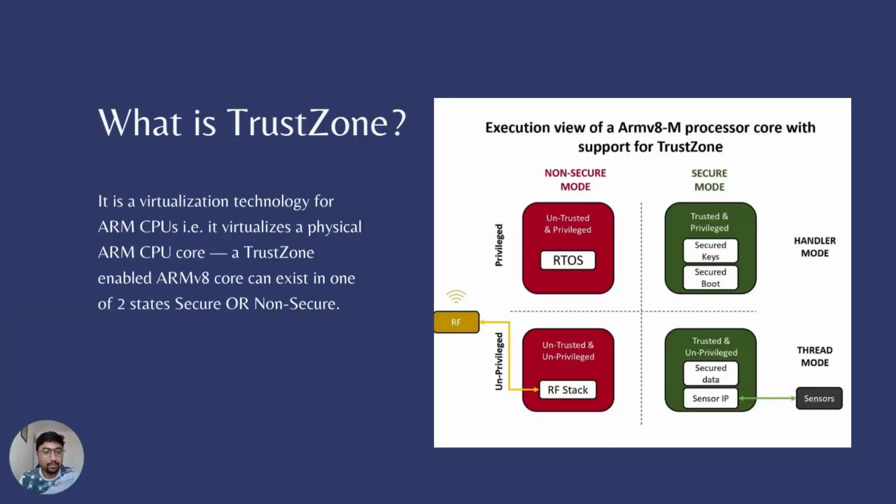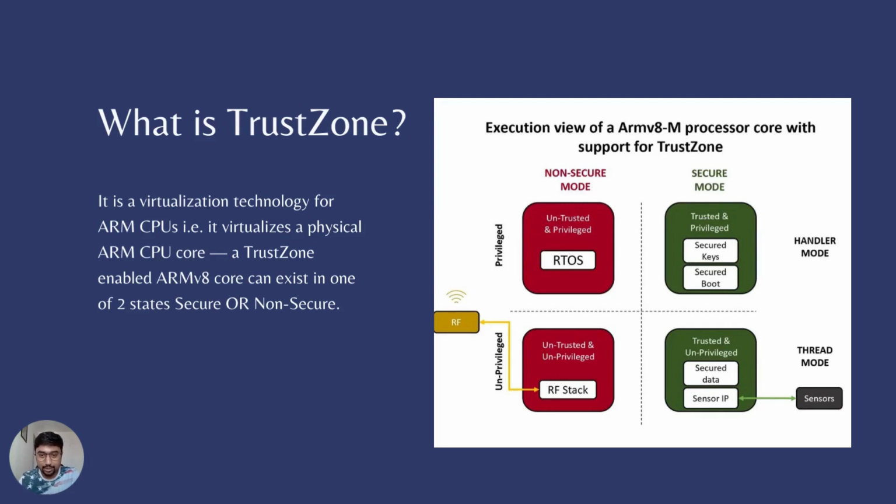So let's get started. Talk about what is Trustzone. Trustzone-M is a feature that provides a secure execution environment for the applications running on the controller. It allows for the creation of two virtual processors that can be termed as a secure world and a non-secure world. The applications running in secure world have access to all the resources.